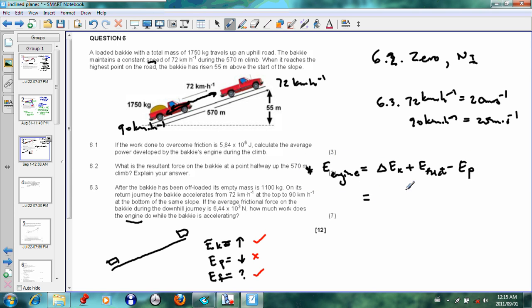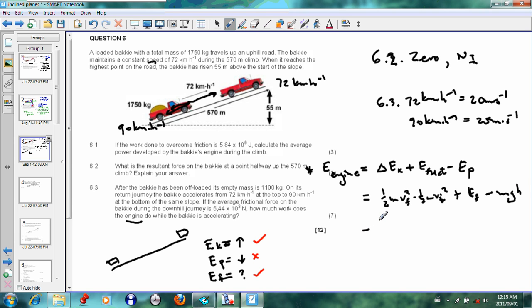Your energy change, your kinetic energy change, will be a half mv f squared minus a half mv i squared, plus energy of friction, minus mgh.